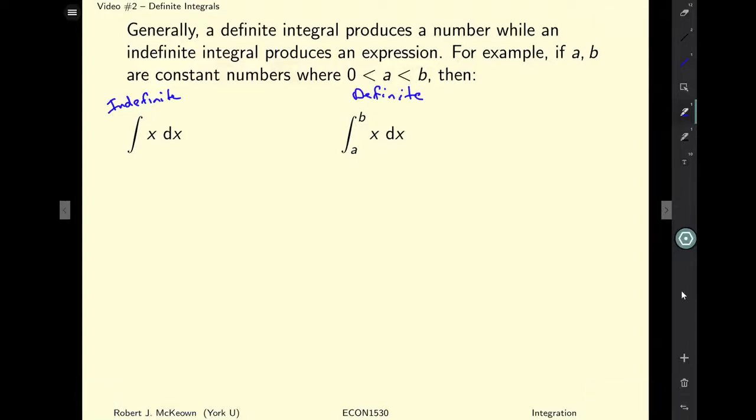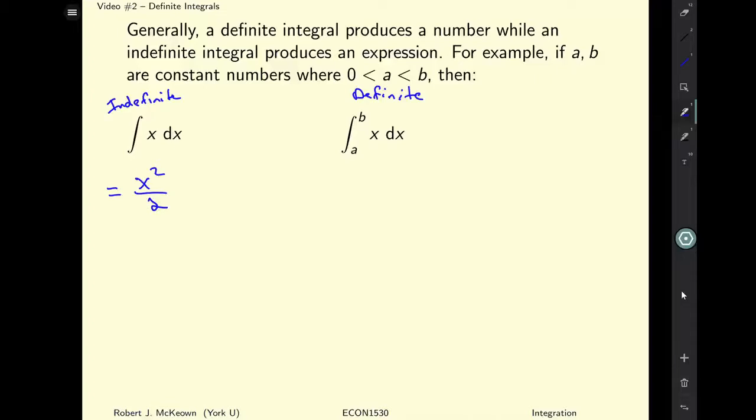We'll do the indefinite integral first. I've got a function x, and I want to integrate it with respect to x. Well, that's going to be equal to x squared over 2. We learned that in the last video, and we're done. We don't need to go any further.